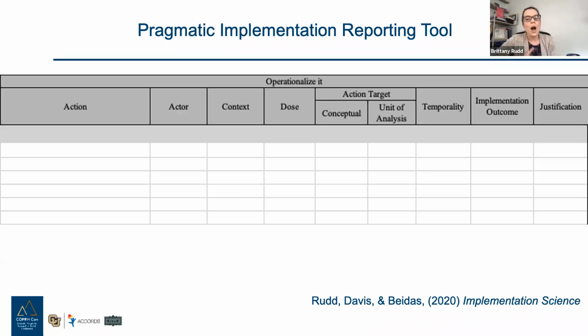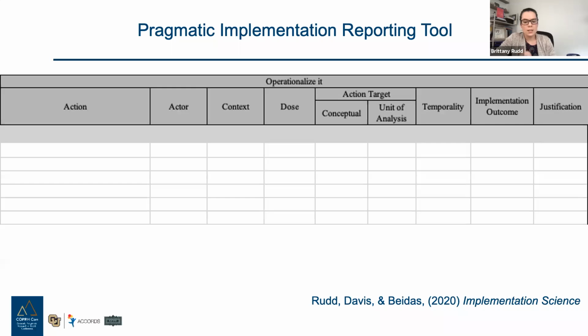So what is that proximal thing that you're changing? These would ideally be aligned with implementation determinants frameworks, like the Consolidated Framework for Implementation Research, or the Exploration, Preparation, Implementation, Sustainment Framework. And for those interested in learning more about these frameworks, Dr. Tina Studts gave a really nice overview of these frameworks during her talk earlier.